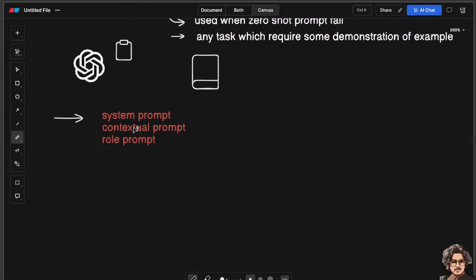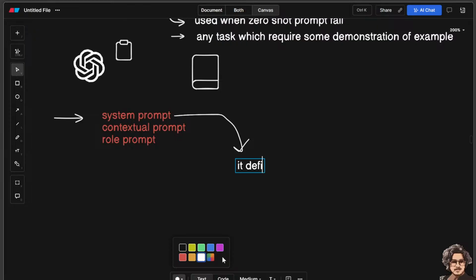First, talking about system prompting: it defines the overarching task or the output format.